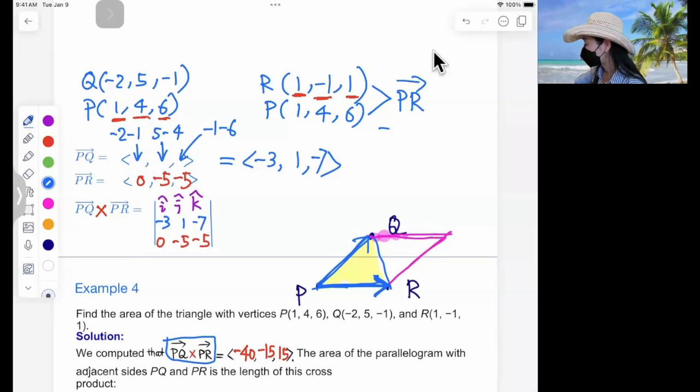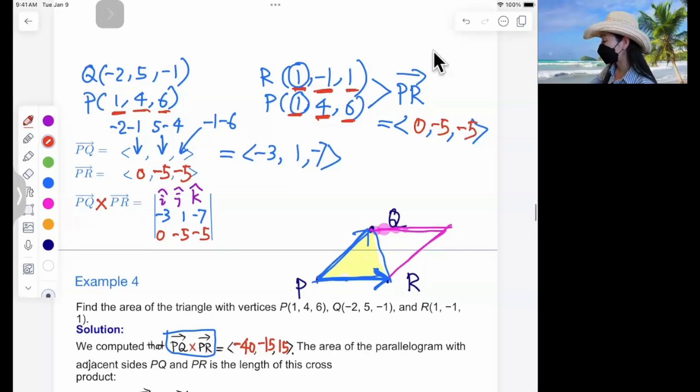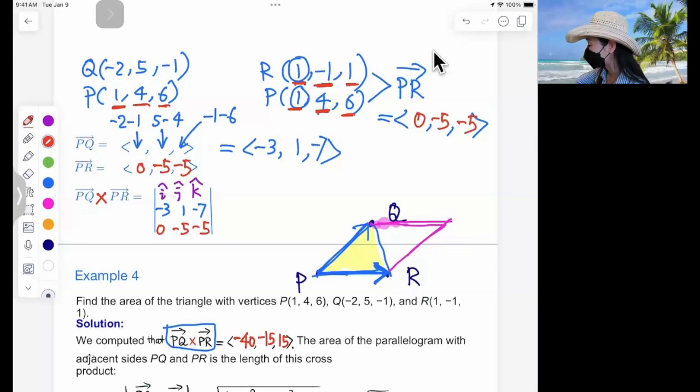You just take the components and subtract. The first component: 1 subtract 1 will be 0. Negative 1 subtract 4 is -5. 1 subtract 6 is -5. So that is PR.